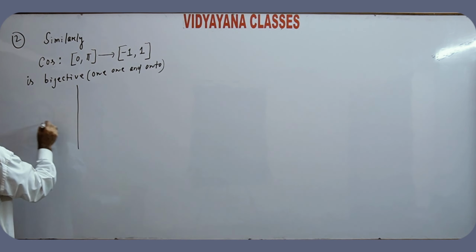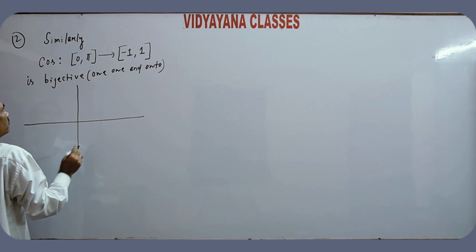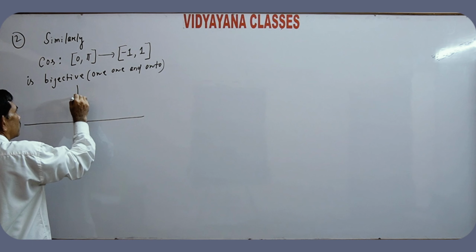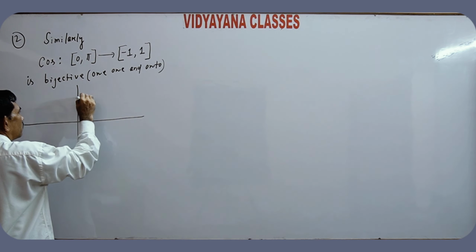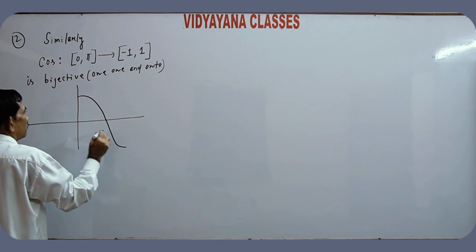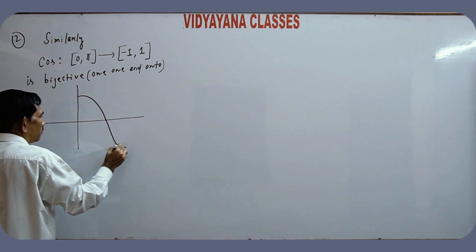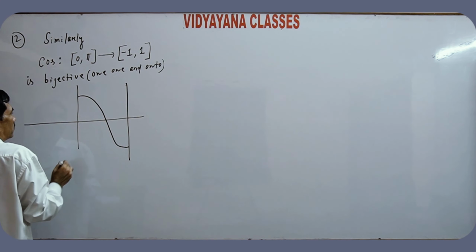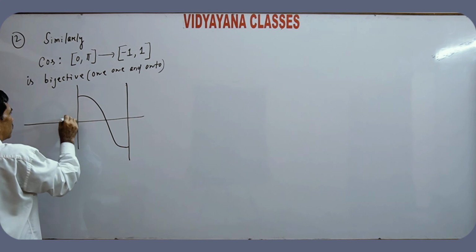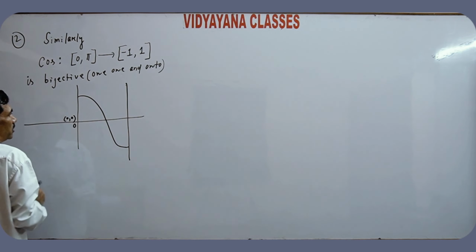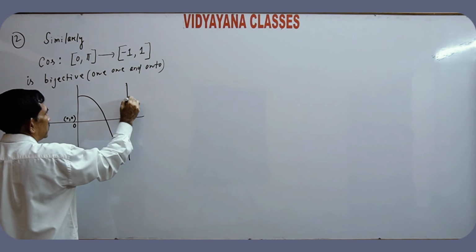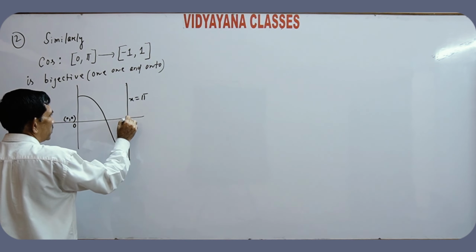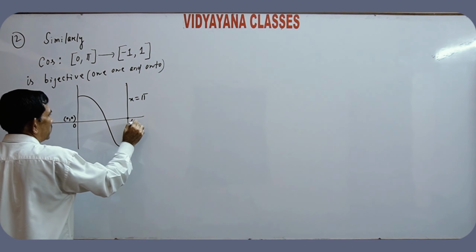The graph of the function is as follows. This point is the origin. It is x is equal to pi. This line is x is equal to pi. This point is (pi, 0).